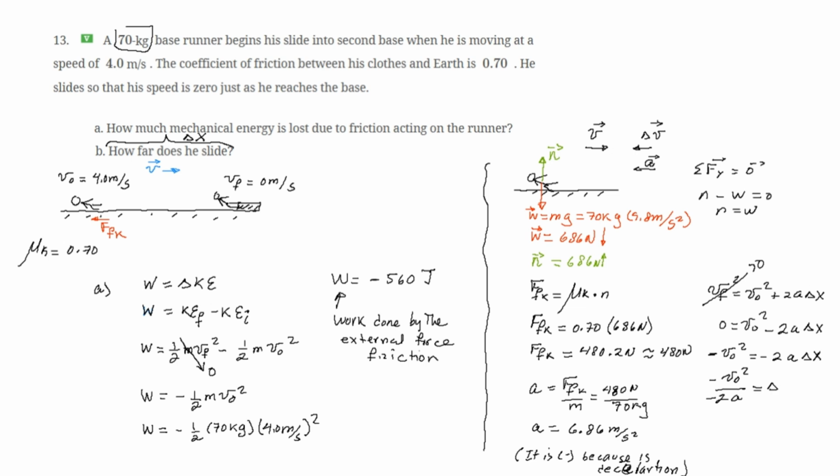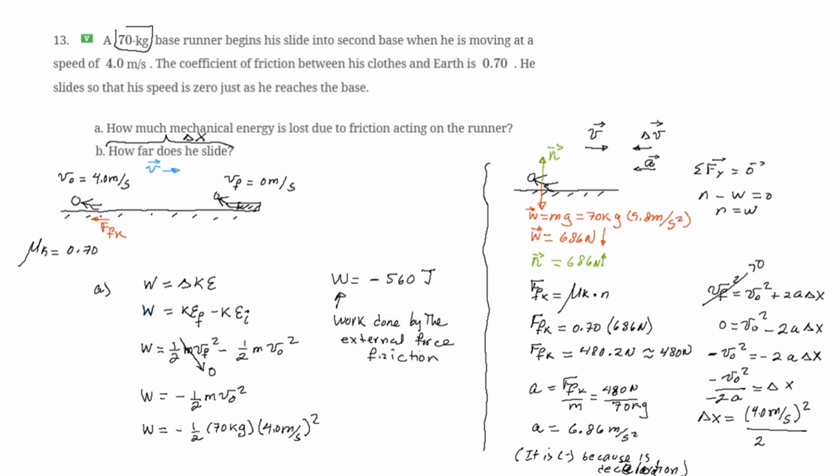So delta x will be, of course, negative over negative to be positive, the square of the initial velocity, 4.0 meters per second squared, over 2 times the acceleration due to the force of friction, that is in this case a deceleration. Sorry, I just misspelled deceleration, right?